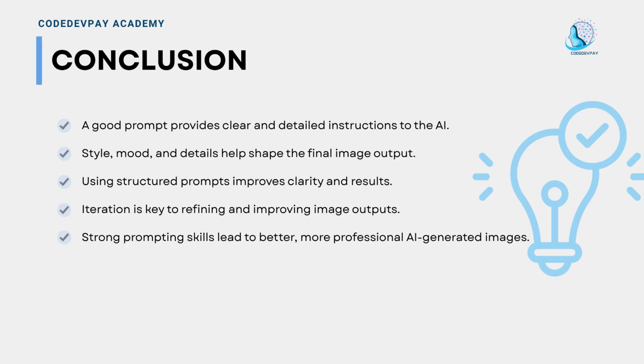So using structured prompts, like the prompt structure that we discussed in this lesson, helps to improve clarity and results. And iteration is key to refining and improving image outputs. We just did this not too long ago. Strong prompting skills lead to better and more professional AI-generated images.